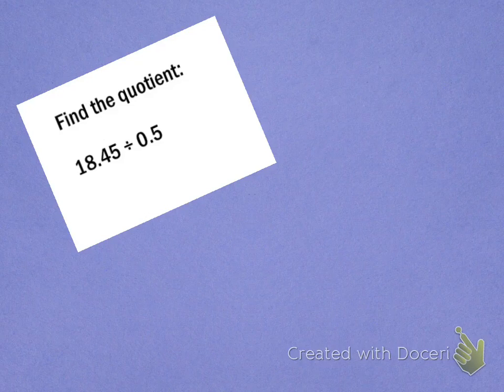So number 1 says to find the quotient 18.45 divided by 0.5. So here we have 18.45 divided by 0.5. We are dividing by a decimal. So our rule says to take this decimal, let's use a different color so we can see it, and move it over however many times necessary to make it into a whole number.